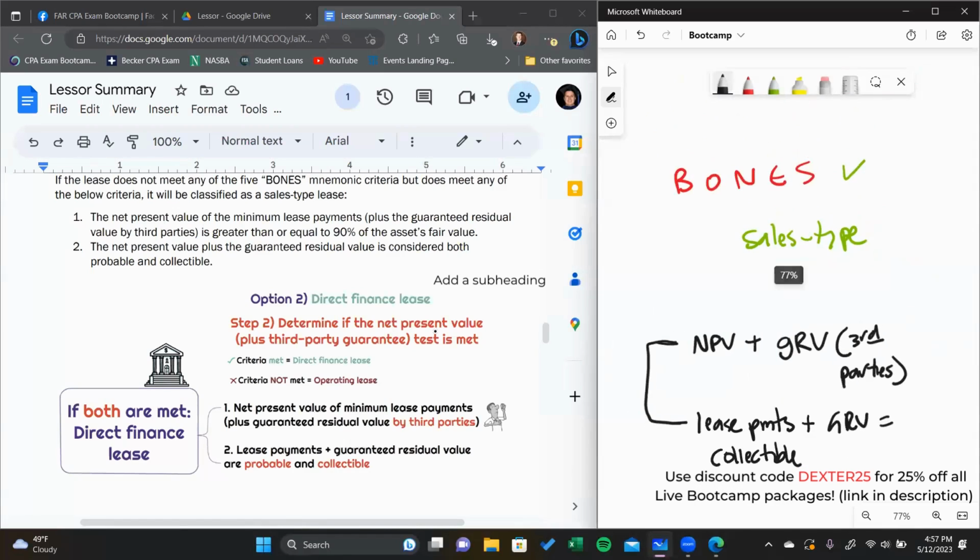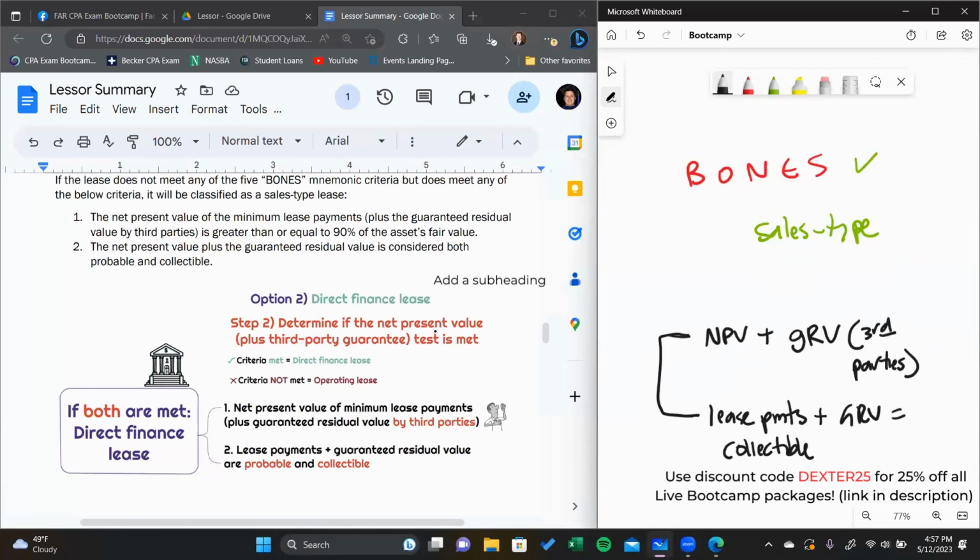So if none of the bones criteria are met, then we essentially check to see, okay, if you add in the guaranteed residual value of third parties and it's likely that it will actually be collectible, do you exceed the net present value test? So really, we're just focused on this one. So we start with the bones criteria. If any one of the bones criteria is met, it's a sales type lease.